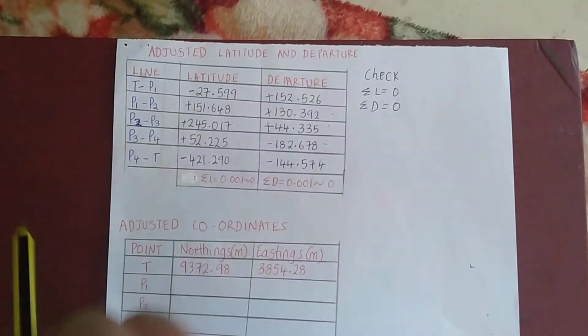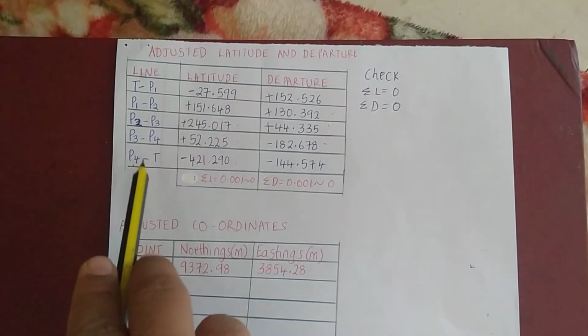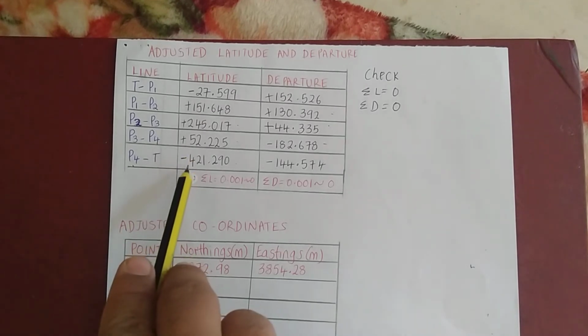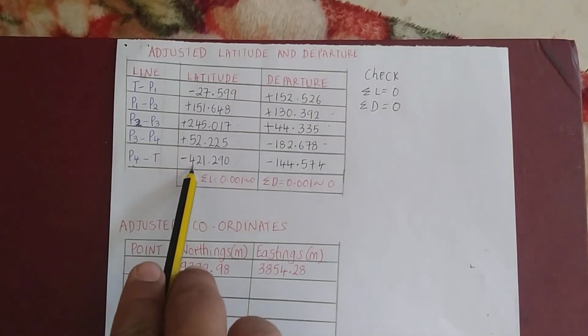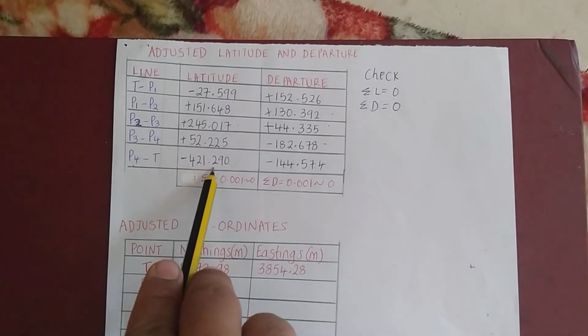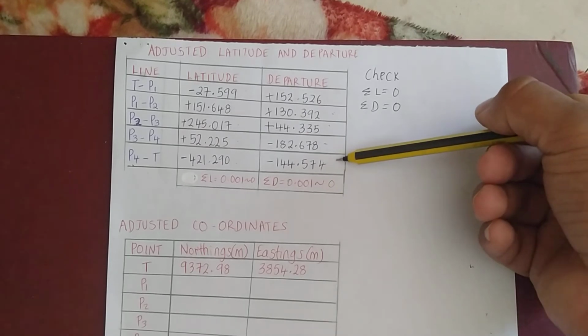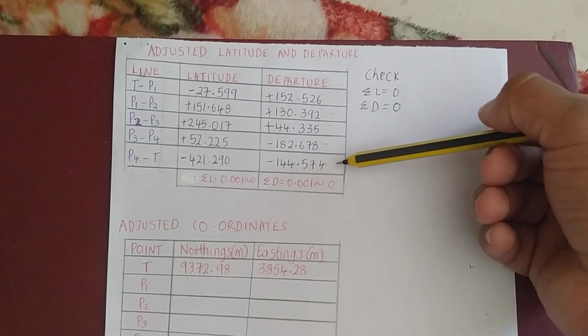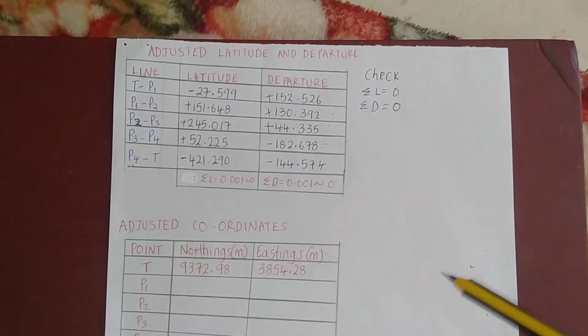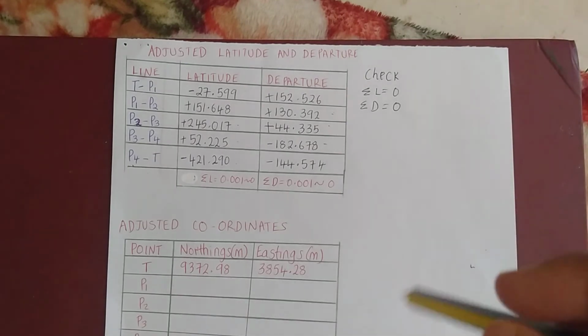So, and the last line, which is line P4T, my corrected latitude is minus 421.290, and for the departure negative 144.574.